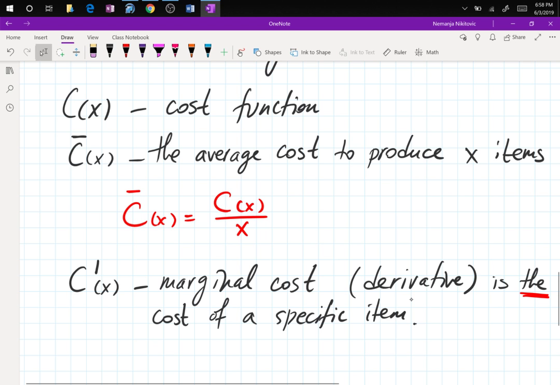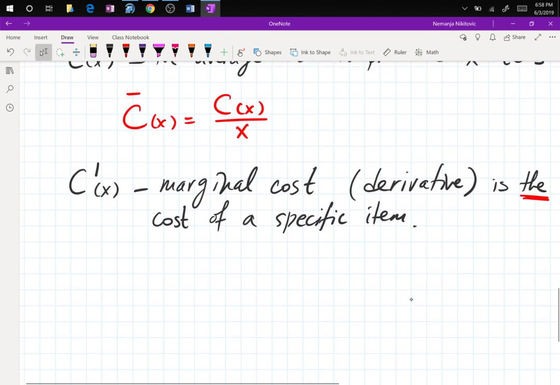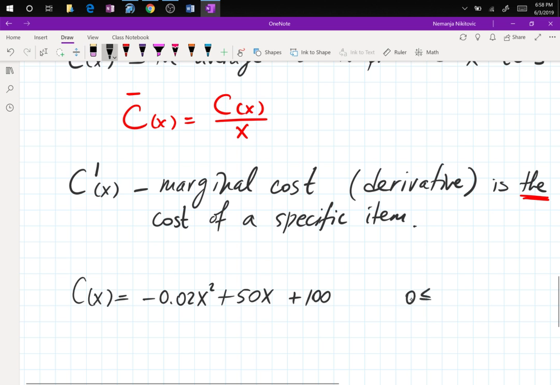Yeah. So let's take a look at, I really like the example that is given here. Cost function C of x is given as negative 0.02x squared plus 50x plus 100 for the first 100 items produced.